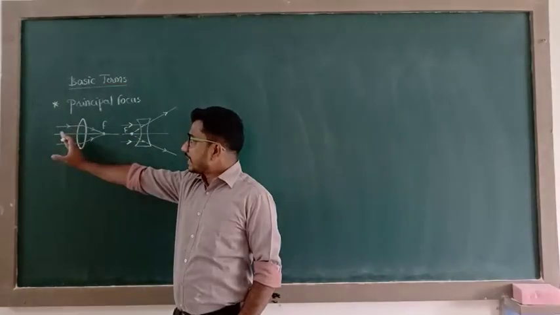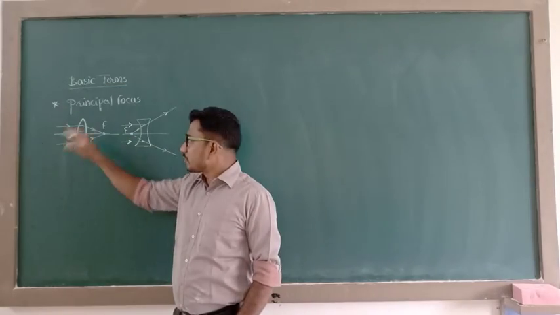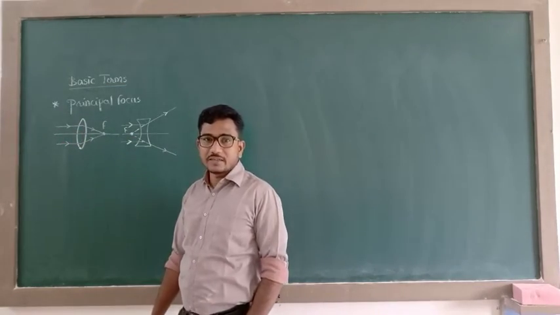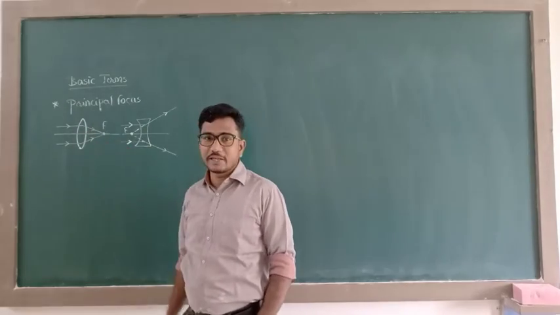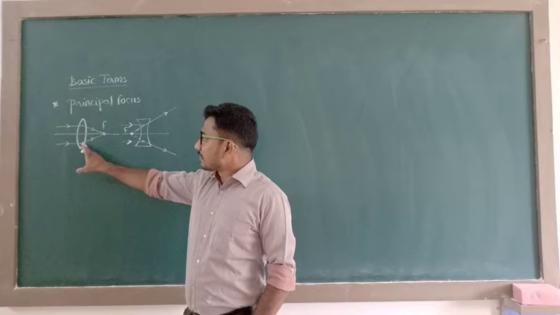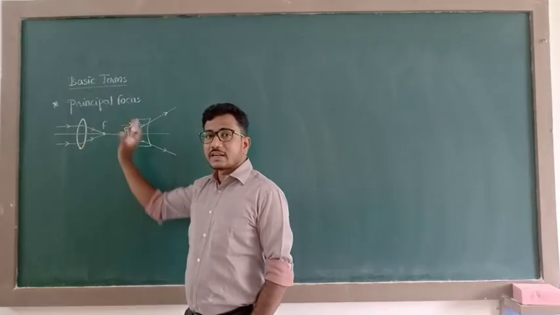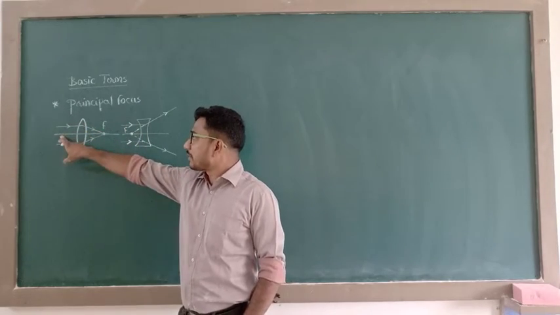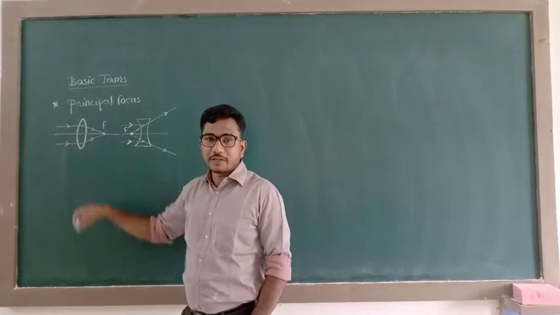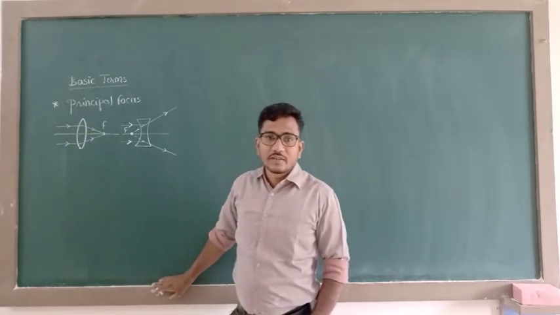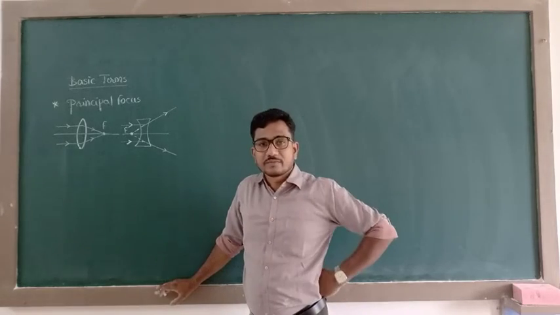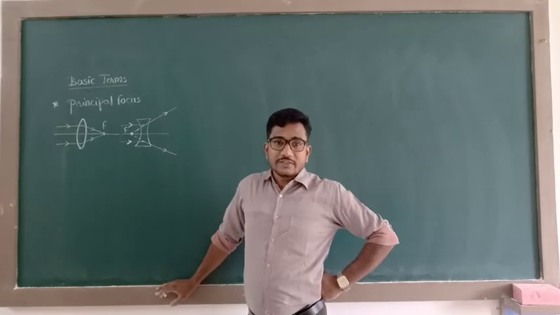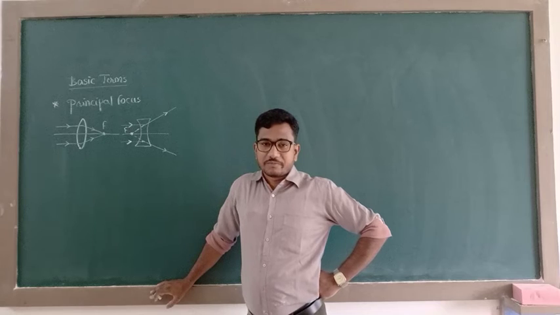Here, the direction of the light beam is left to right. Then we will get the principal focus on the right side of this optical medium. If the direction of this light beam is right to left, then we will get the principal focus on the left side of this optical medium. For that reason, a lens has two principal foci. Then how to identify these two principal foci?